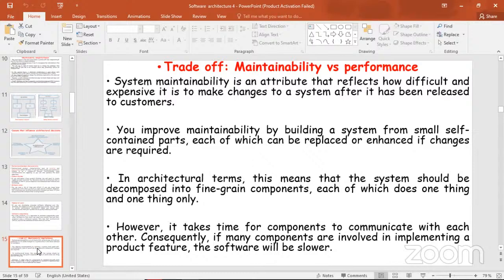So let's look at the trade-off. We want to look at the trade-off between maintainability and performance. Now, system maintainability is an attribute that reflects how difficult and expensive it is to make changes to a system after it has been released to customers.